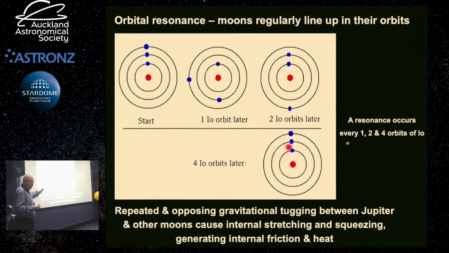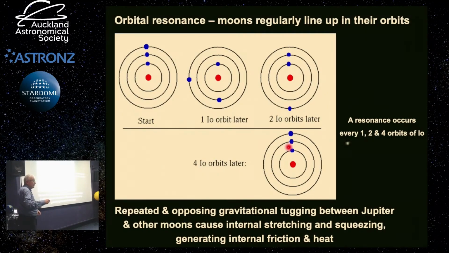More so Io, a little bit less Europa, and a little bit less Ganymede. A good analogy is you get a paper clip, bend it backwards and forwards. It gets hot, doesn't it? And it's the same process going on here. The interiors of these moons get hot because of this whole concept of orbital resonance, where the moons are constantly and regularly lining themselves up and create a tug of war between that and Jupiter.